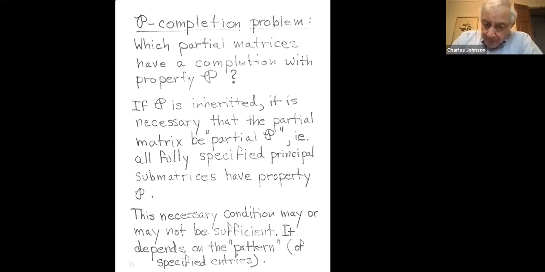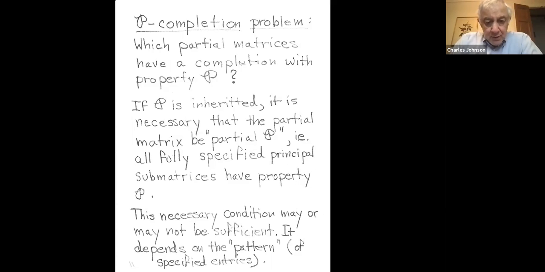Now, if P is an inherited property, it is of course necessary that the partial matrix be what we call partial P, i.e. all the fully specified principal submatrices themselves have property P. Of course, inherited means that this is a necessary condition, so I may as well assume that when I talk about partial matrices if I'm interested in the P completion problem.